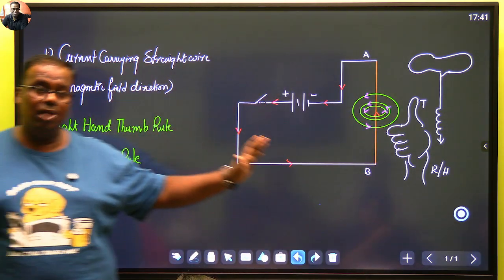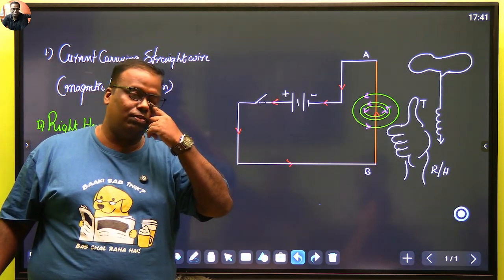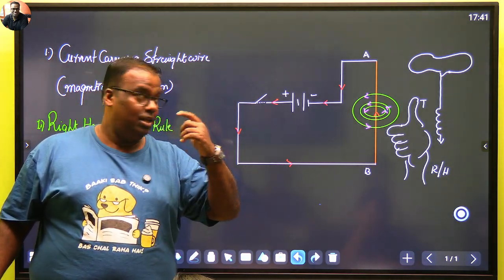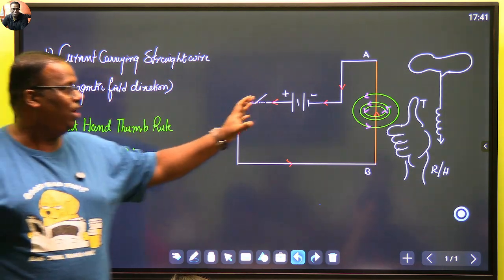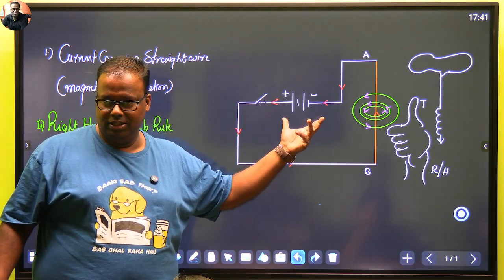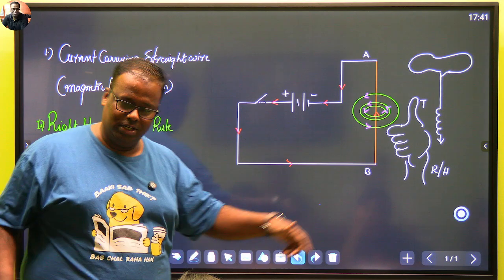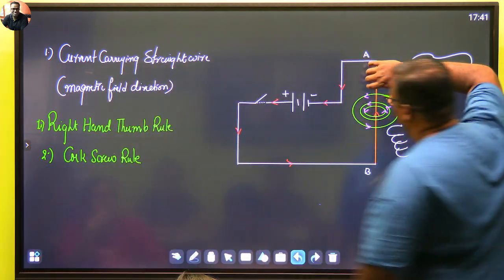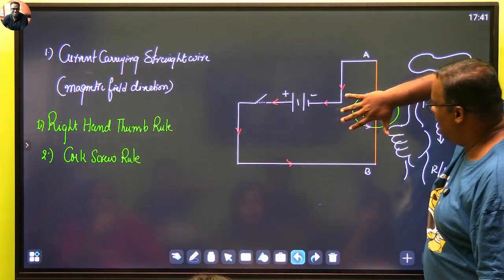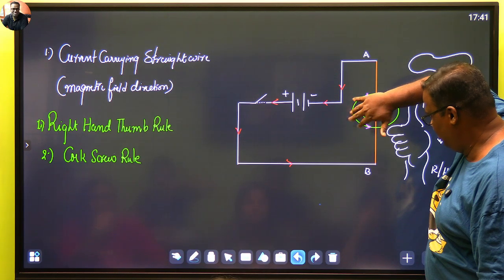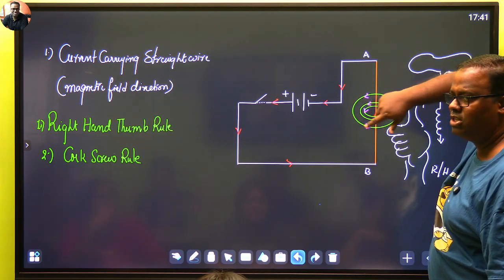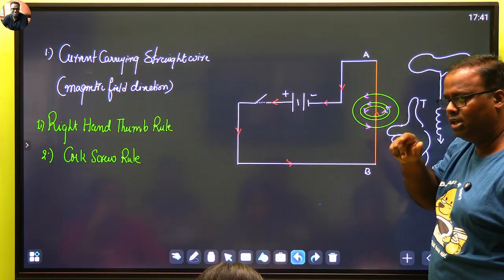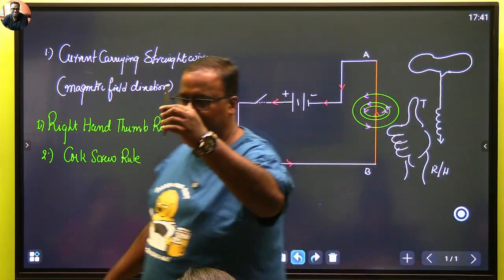Now in this chapter you will face a lot of case-based questions. Now imagine if I reverse the polarity, then the current goes downwards. Then how do I show my fingers? Then it will be like this. And yes, and here we will be doing clockwise rotation. Circle तो अभी भी होगा, circle होगा. This is the current carrying straight wire.